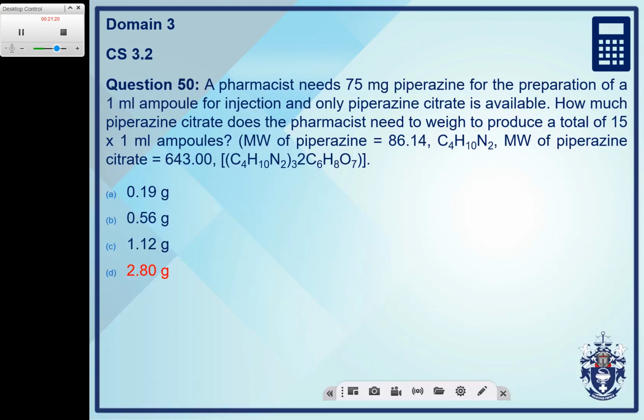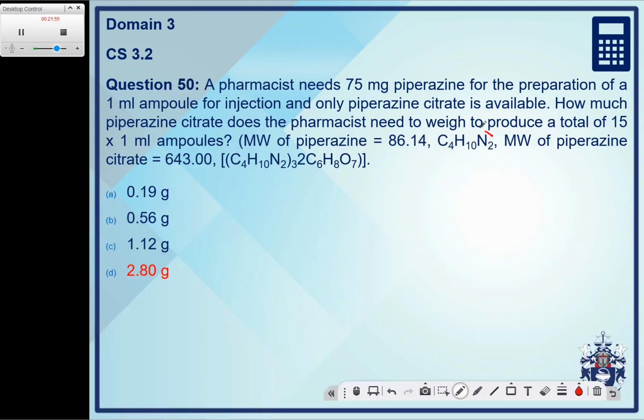A further point that I would like you to note is that for your piperazine base, if you compare that to the piperazine citrate, you will see that there's 3 molecules of the base in 1 molecule of the salt. And I will quickly highlight that for you in the structure using a pen. Let's use the red color.